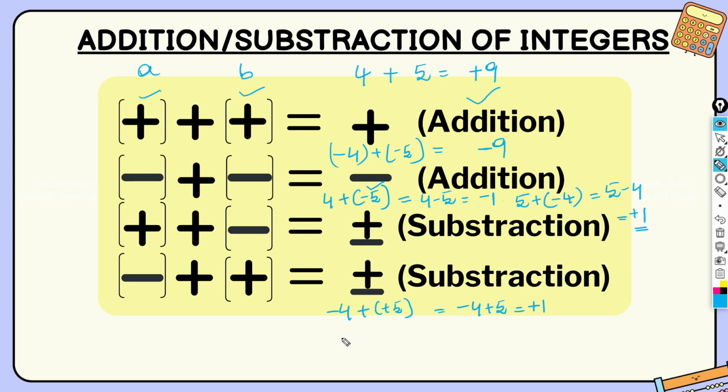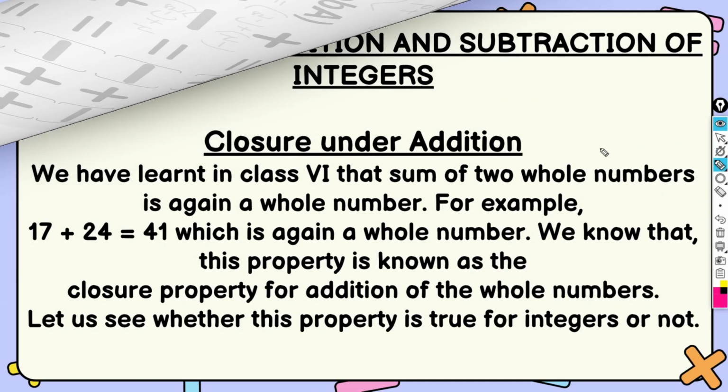Similarly, if you take minus 5 plus 4, the solution is 1 and the sign is minus because the larger number 5 contains the minus sign. Hope you understand the rules for addition and subtraction of integers.